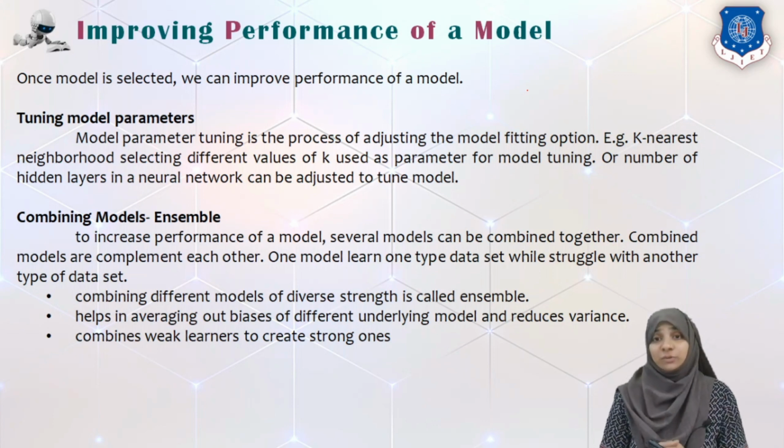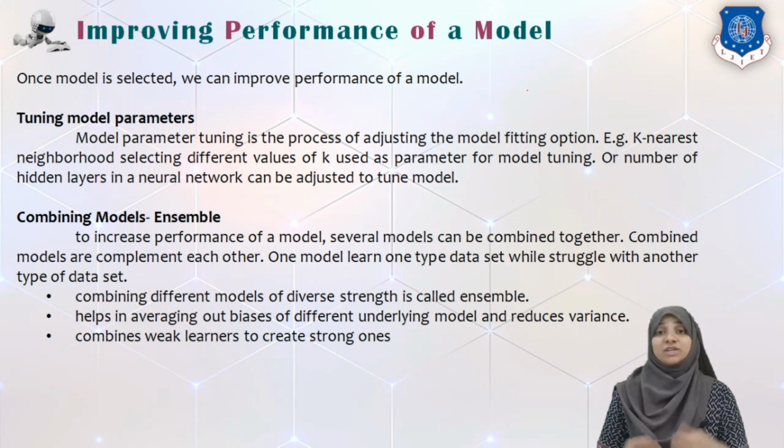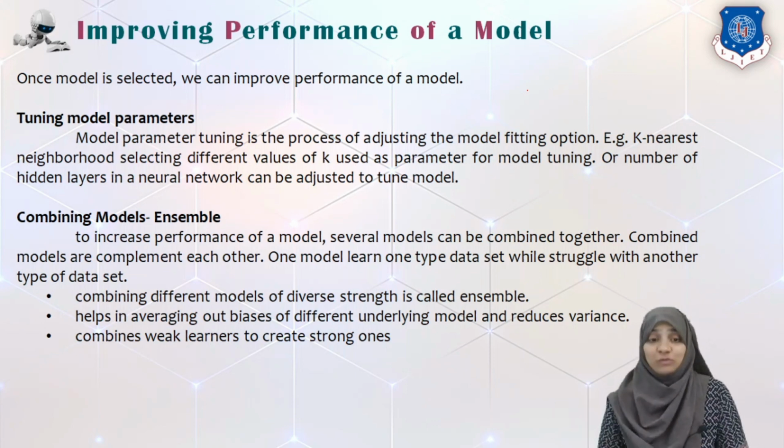Now apart from tuning a particular model, we can combine the strength of different models to make a particular model a strong model. That is called the process of ensemble. In the process of ensemble, we try to increase the performance of a particular model by taking advantage of combining different models together.